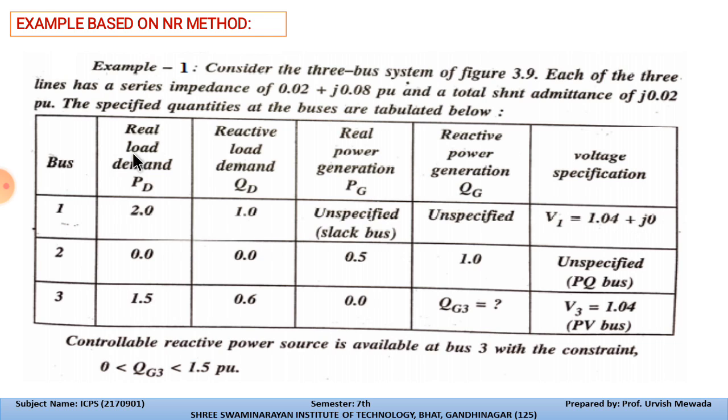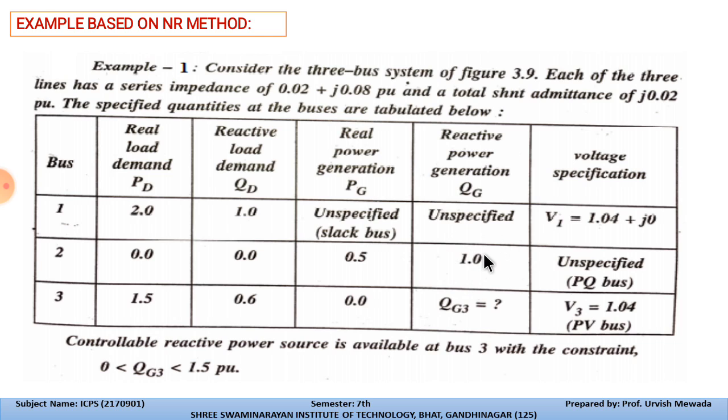Now for bus number 2, the real load demand PD is 0.0 and the reactive load demand is 0.0, the real power generation PG is 0.5, and reactive power generation QG is the demand. We need to balance the demand and generation so that we can operate the power system very efficiently.